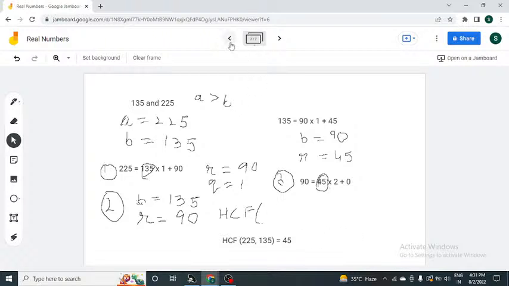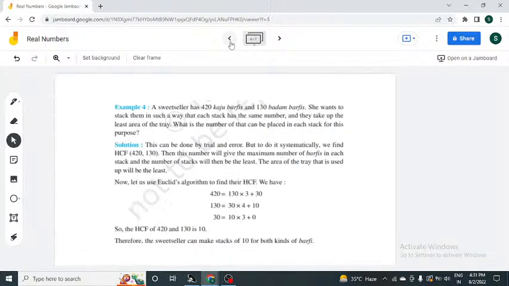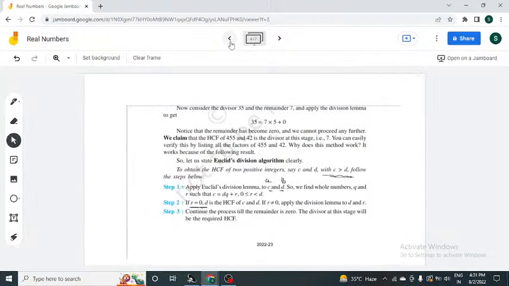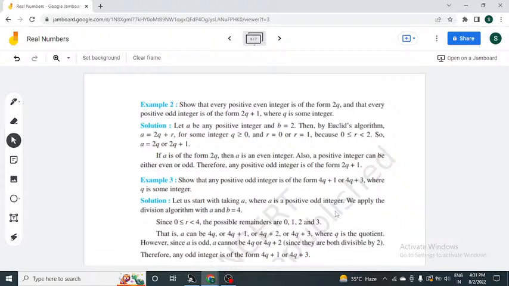Okay, now let's come to the second topic that we're going to discuss today. We learned about division lemma, we learned how to apply it, and we also learned why we use the lemma. We use the lemma to find out the HCF of two numbers. Now let's see the next topic.